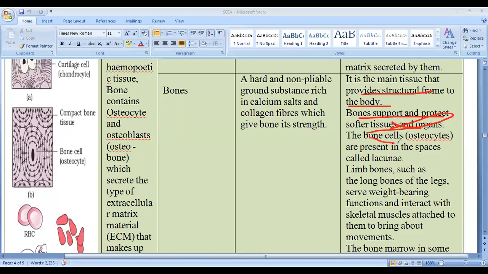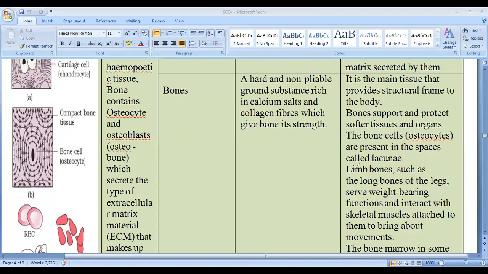The bone cell, called osteocytes, is present in spaces known as lacunae. These are also provided with the Haversian canal, which carries arteries, veins and blood vessels that supply blood to the bone, and it is also linked with Volkmann's canal.